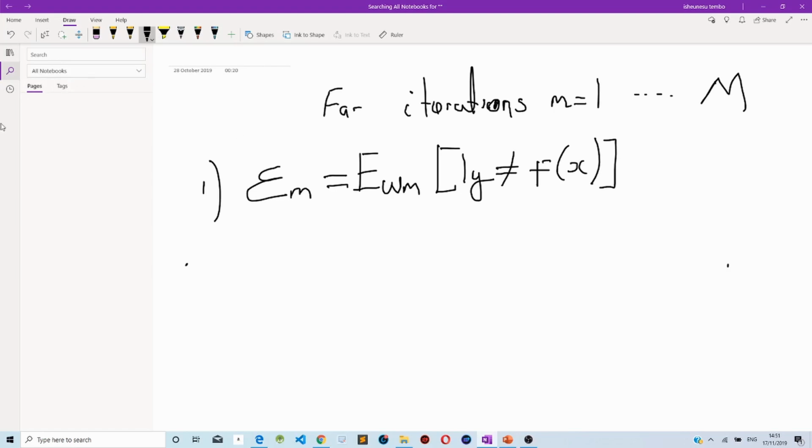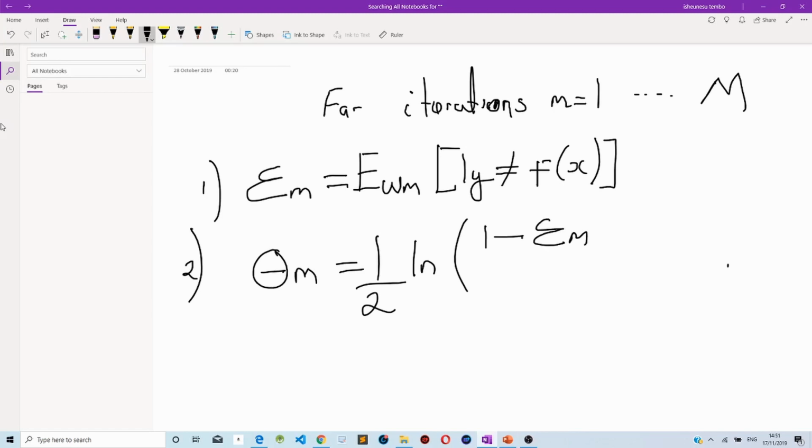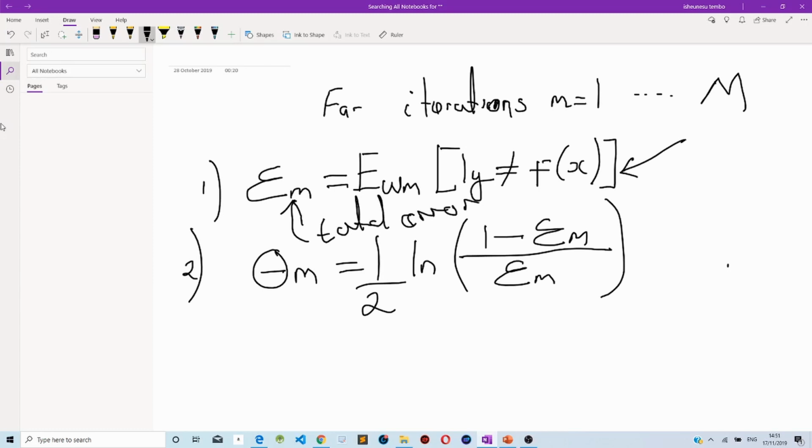The next stage is we calculate the weight for the mth weak classifier. To calculate it, theta m is equal to half times ln of 1 minus e m over e m. If you relate to the previous video, e m just represents the total error.